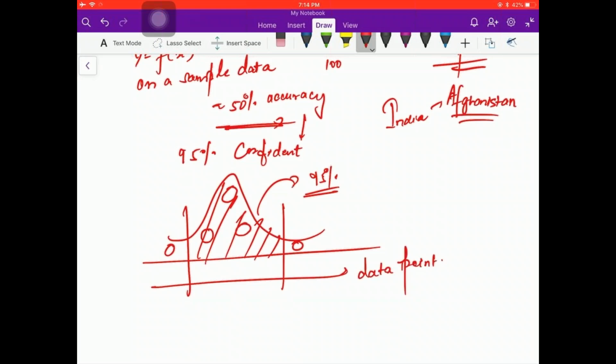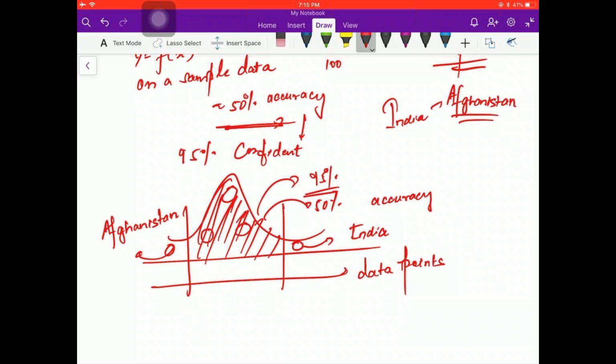So if you pick a sample from here, 95% of the times, based on the variance, I can say my sample will give me 50% accuracy. But if I pick people from, let's say, underdeveloped countries, like Afghanistan or Nepal, my model may fail.